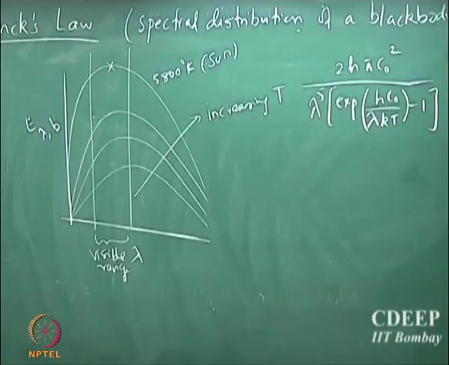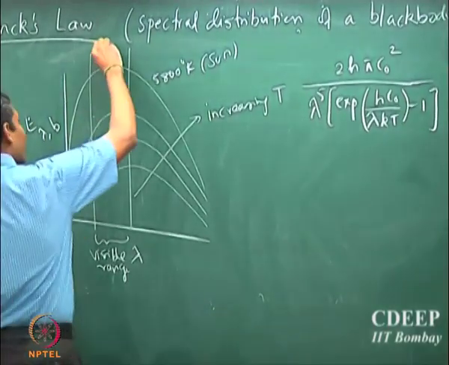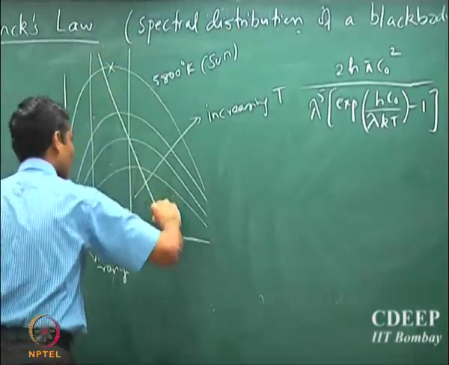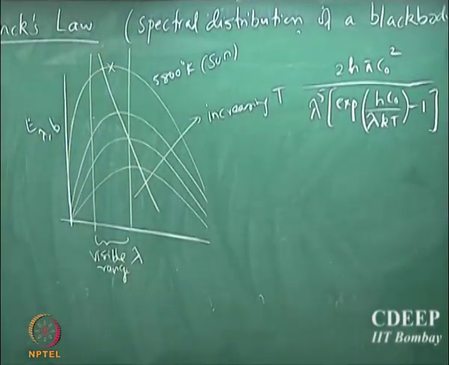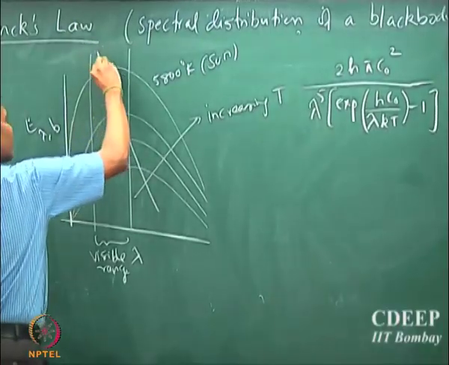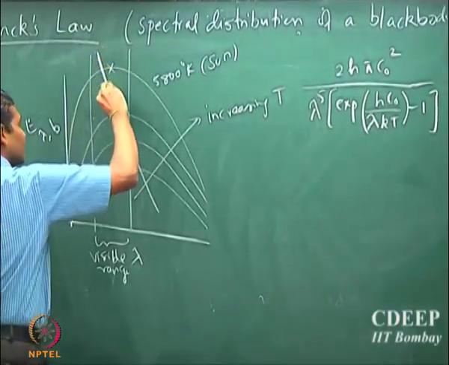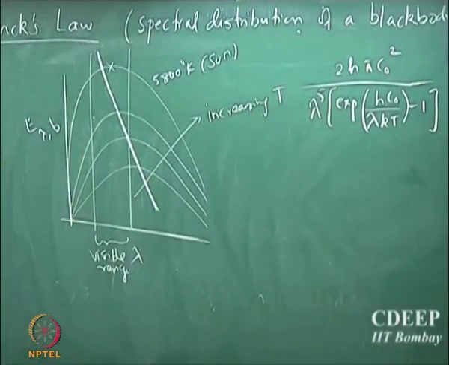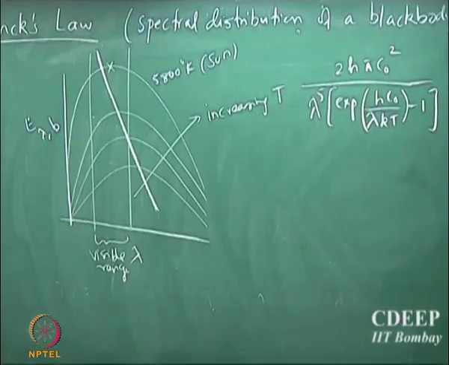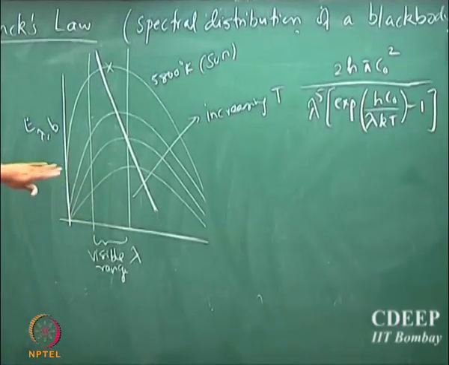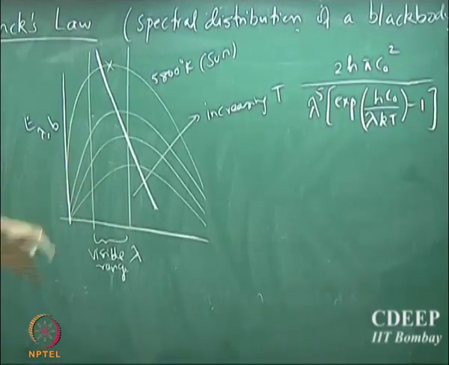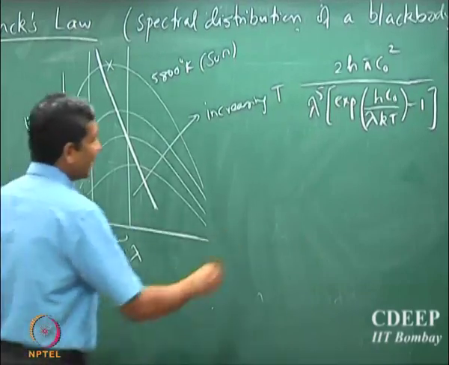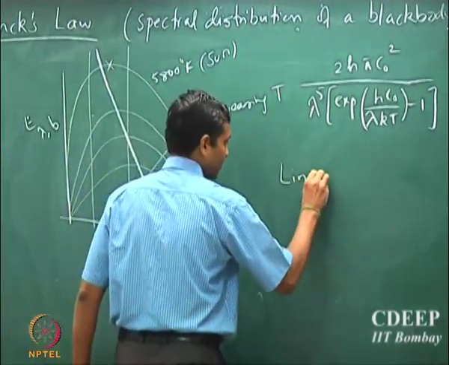So one can actually join these. If I join it with a thicker line, all the maxima together at different temperatures, they all fall into a certain pattern. They all fall into a linear pattern.